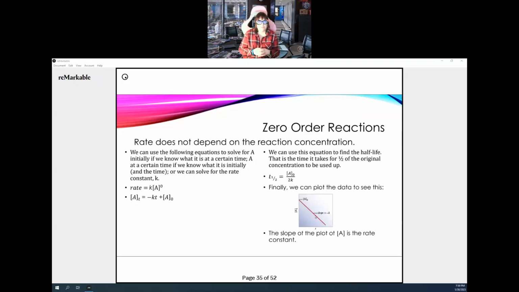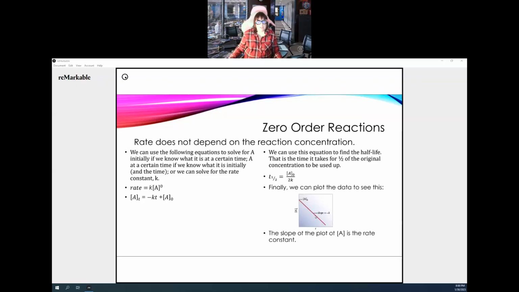Now let's talk about zero order reactions. The rate does not depend on the concentration. I don't care how much I have, it does not change. That rate is constant, and that rate is equal to k. The concentration at any given time is equal to negative k times t plus the concentration at time 0. Our t1/2, the time for half of it to disappear, is equal to the concentration of A at time 0 over 2 times k.